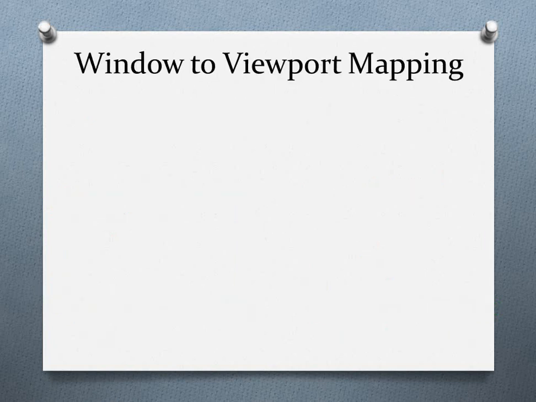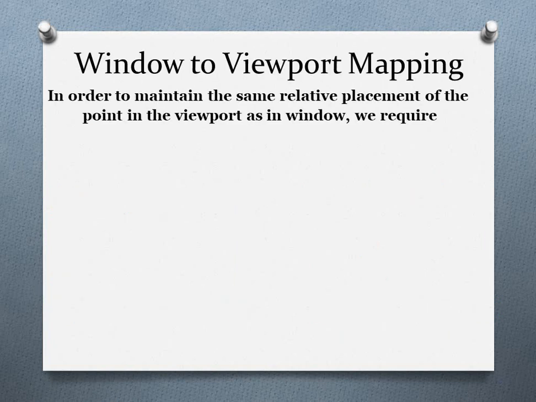So, window to viewport mapping. In order to maintain the same relative placement of the point in the viewport as in the window, we require the following equation to be satisfied. That is, Wx minus Wx minimum upon Vx minus Vx minimum should be equal to Wx max minus Wx minimum upon Vx max minus Vx minimum.